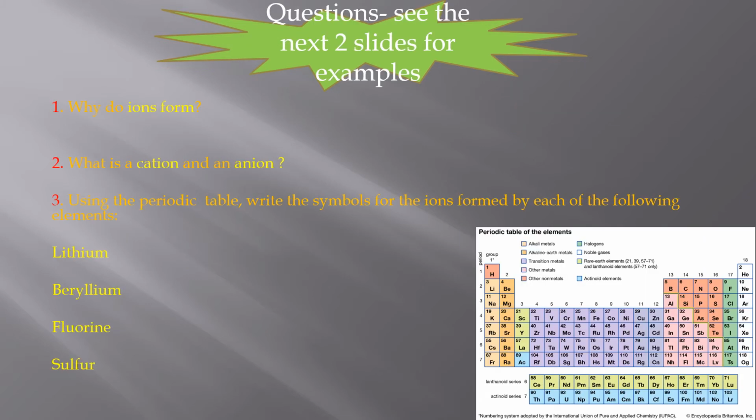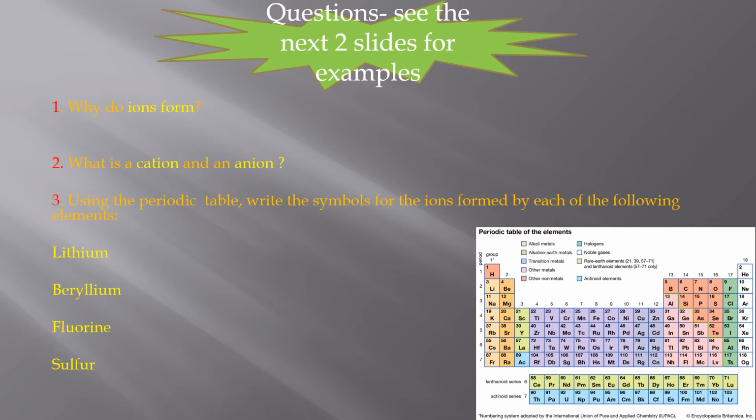So, following on from that other little video that I directed you to, things that we've got to think about. Why do ions form? Ions form because these elements want to become more stable. They are stable if they have a full outer electron shell. So they will gain or lose electrons to keep their outer shell full, because that is stability for an atom.